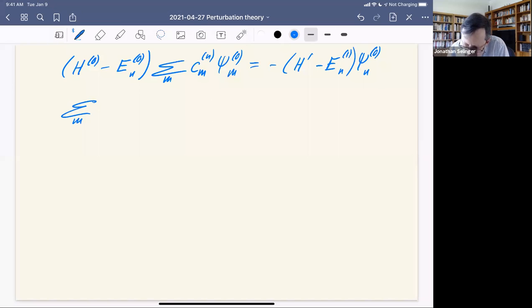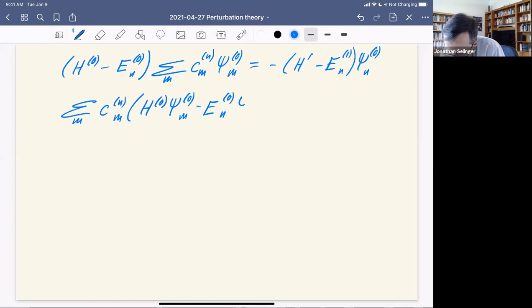In this sum, we have the coefficient C nm multiplying H0 acting on psi 0m minus E0n times psi 0m.